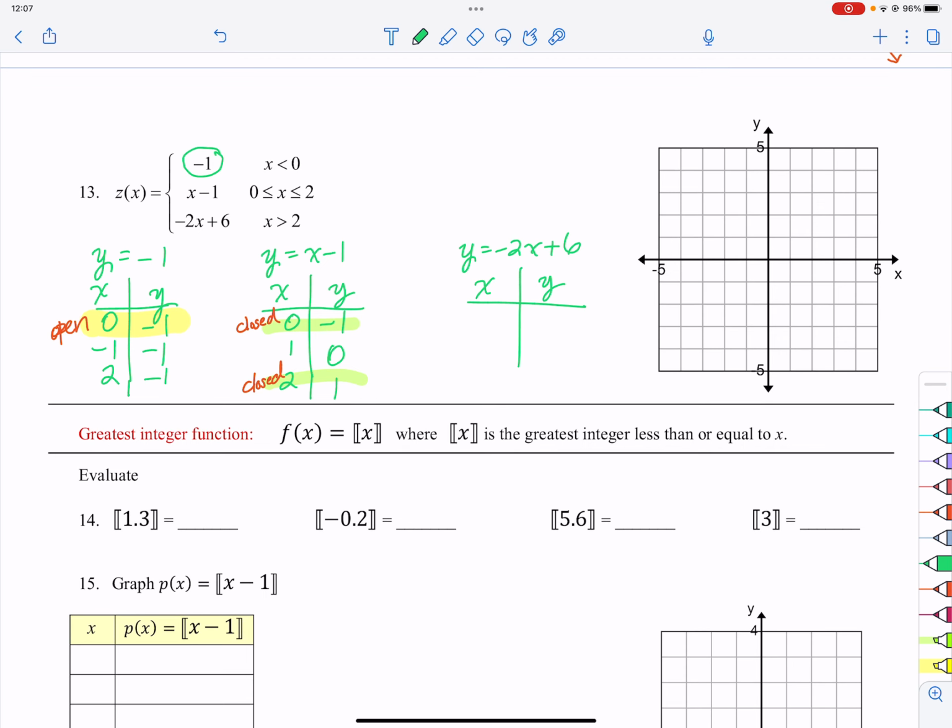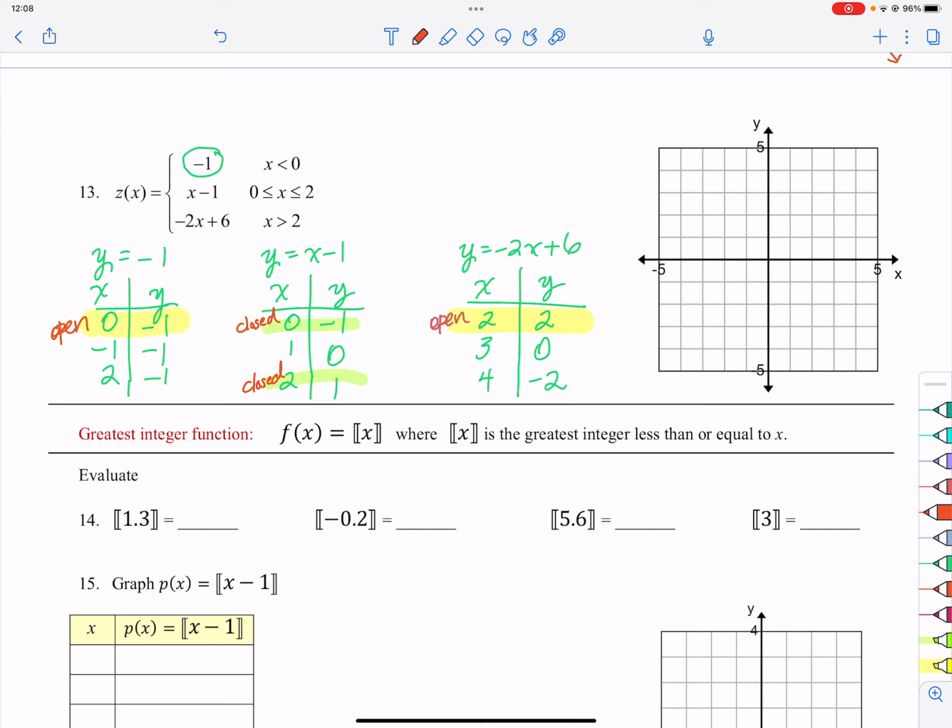Now, we need the x values greater than 2, so we'll start with 2, and use 3 and 4. And again, we are going to have an open point at 2. And then plugging these values in, we have 2, 0, because -2 times 3 is -6, and -2. So let's plot these.